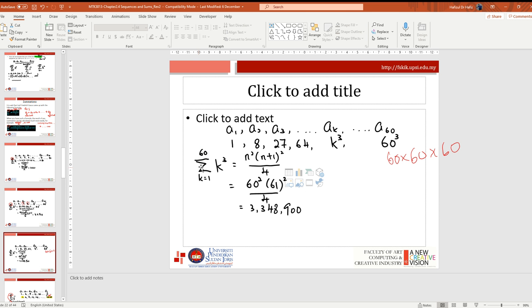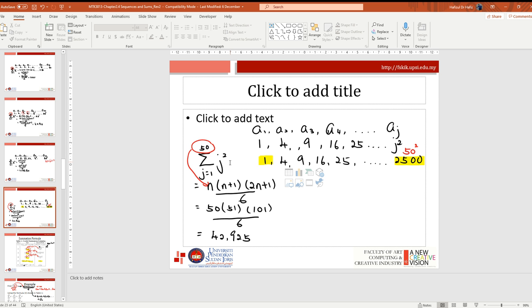The same goes here, 60, and k to the power of 3, with n plus 1 to the power of 2. Then 60 to the power of 2 multiplied by 61 to the power of 2, and you get 3,348,900.